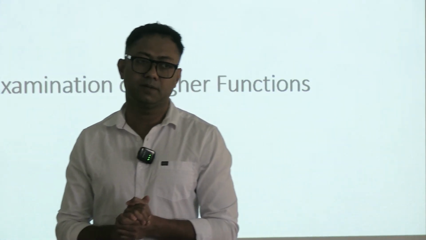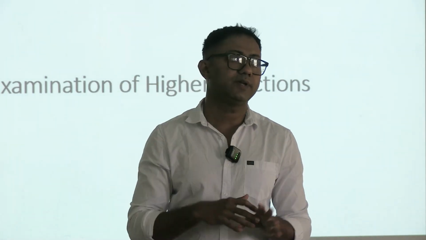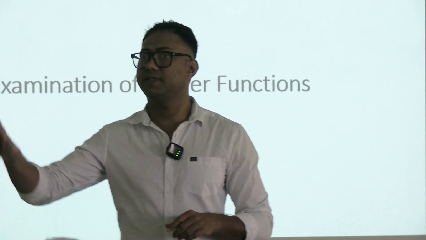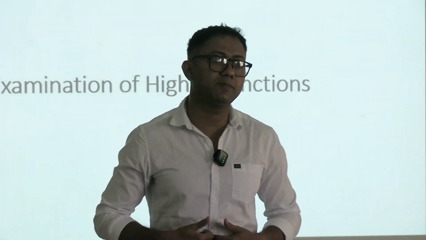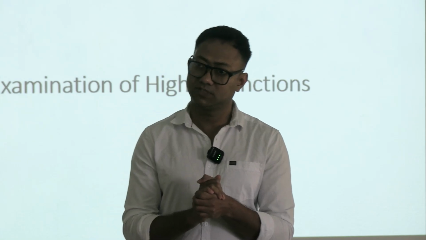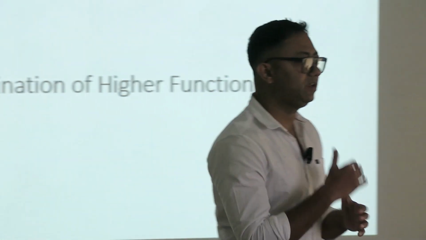The patient is complaining of headache, you examine the nervous system as well. Patient is complaining of pain abdomen, you examine the gastrointestinal system. So in this way examination runs.